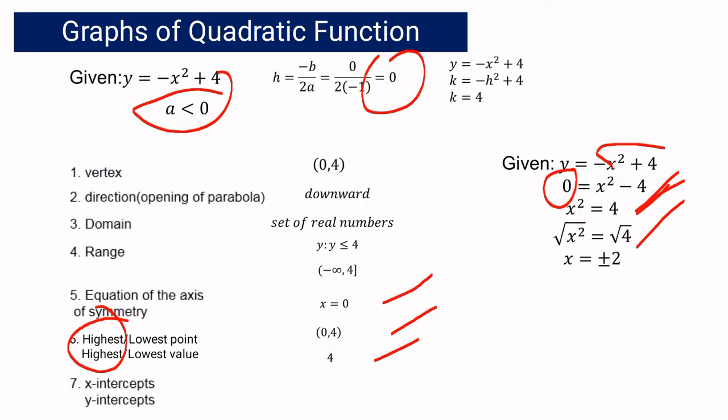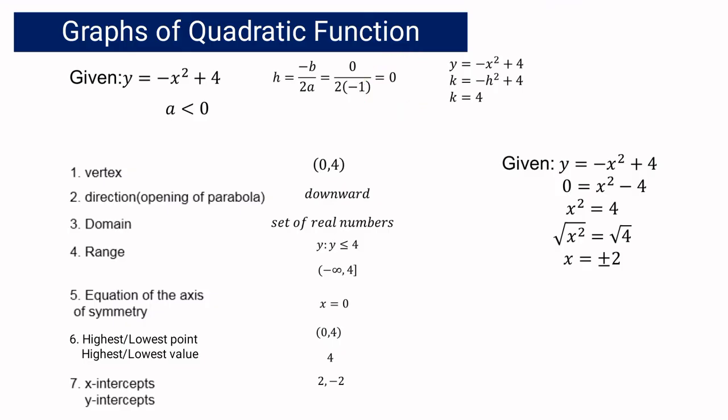By extracting the square root, the values of x are positive and negative 2. That is why the x-intercepts are 2 and negative 2. And again, to get the y-intercept, no need for us to solve. The y-intercept is the value of c. And our c here is 4. That is why the y-intercept is 4.